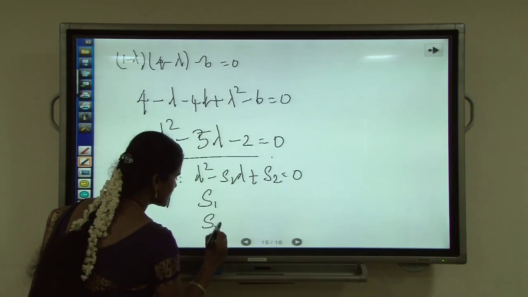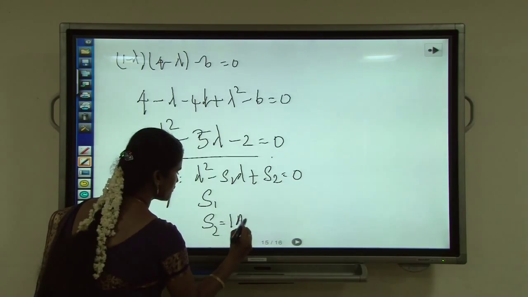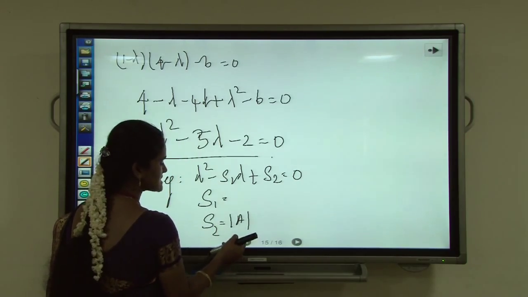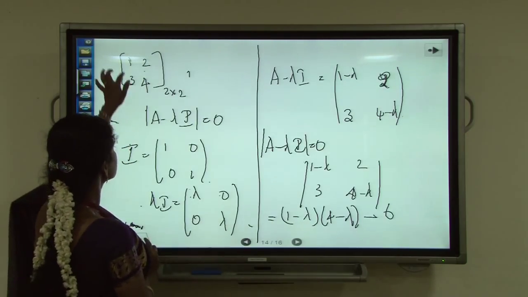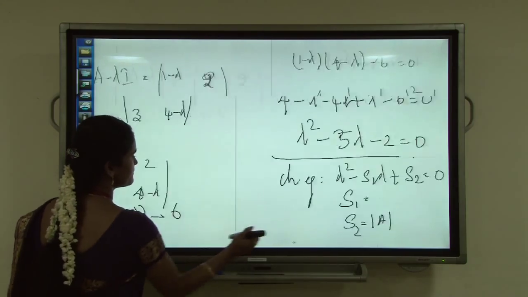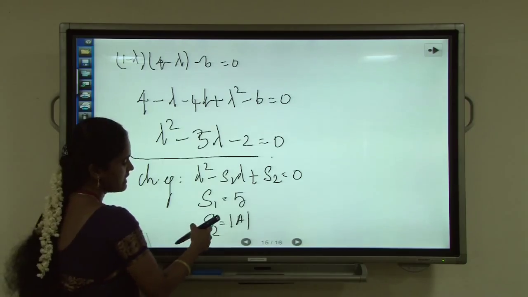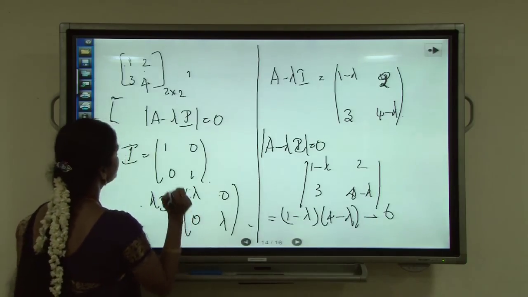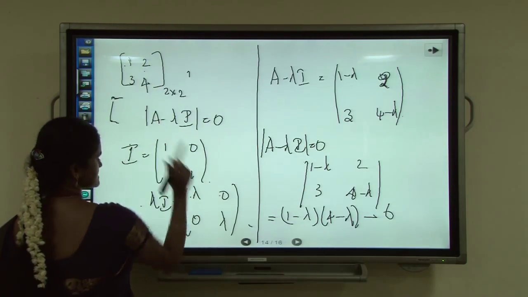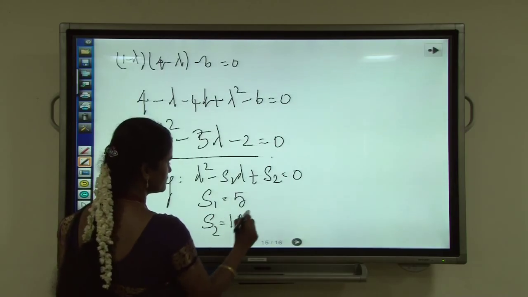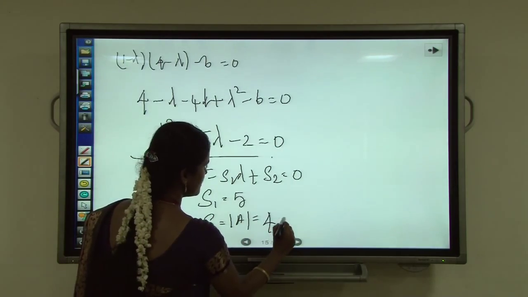And s2 is the determinant of A. So let us sum up the diagonal elements: 1 plus 4, it is just 5. So s1 is 5. And the determinant of A is 4 minus 6.